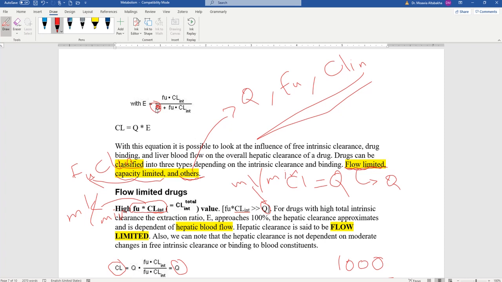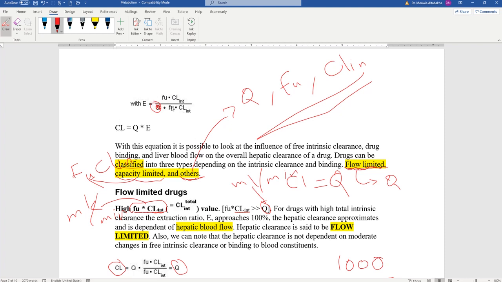Now instead of removing Q, we are going to remove FU times intrinsic clearance here. Now someone will tell me why not removing this one? No. If you remove this one, it will have an effect, it will change the values.